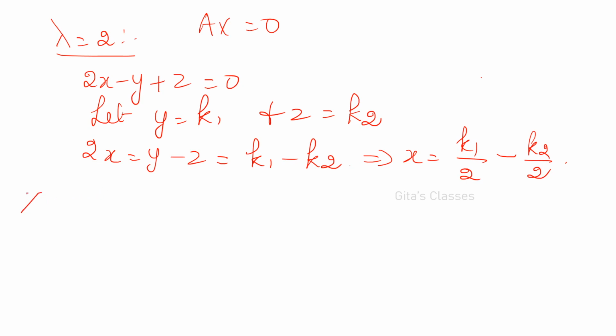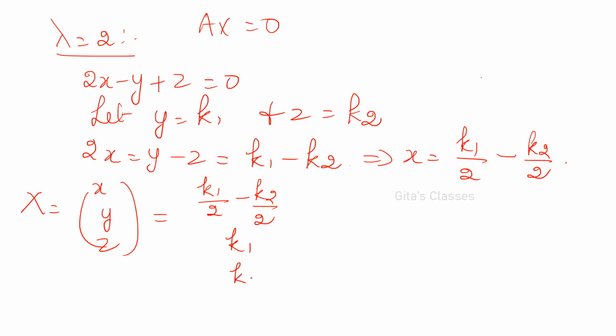So now what is our capital X? X is XYZ, right? X is what? K1 by 2 minus K2 by 2. Then Y is K1 and Z is K2. In this case, you have to split them. You write all the K1 terms in one matrix and the K2 terms in the other one.